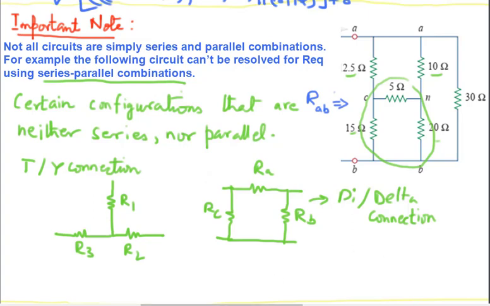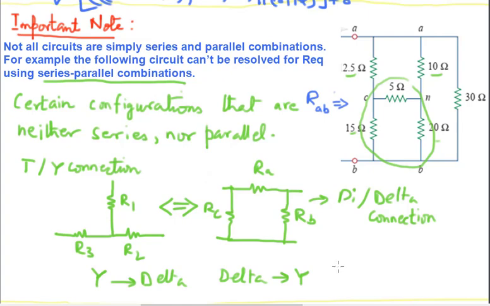And there is a method of interconverting these networks. For example, you can convert a Y connection into a delta connection, and similarly you can also do a conversion from delta to Y, but you cannot convert them into series or parallel.